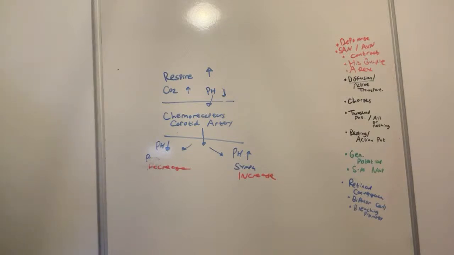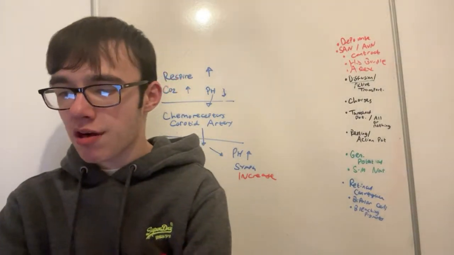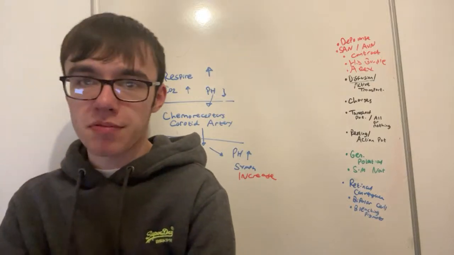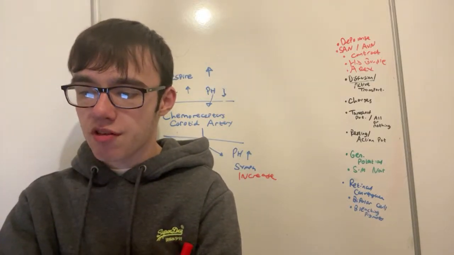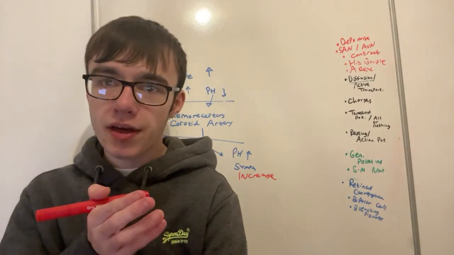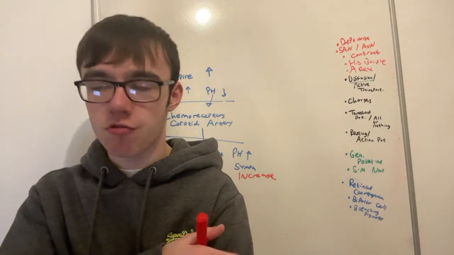I think that's it. So literally all we need to say there is this change is detected via the receptor in the carotid arteries. The signal is transmitted to the medulla via sympathetic if it's trying to increase, parasympathetic if it's trying to decrease.